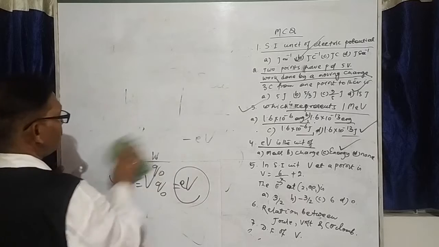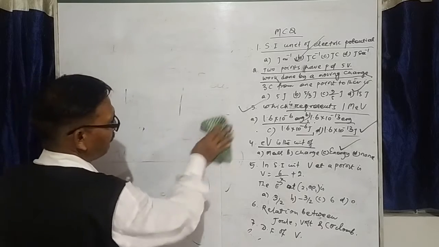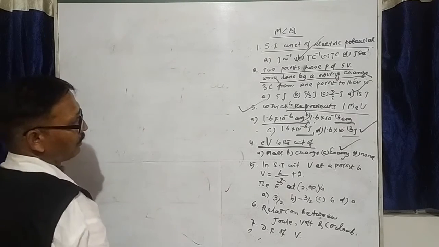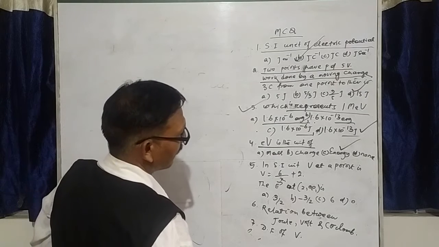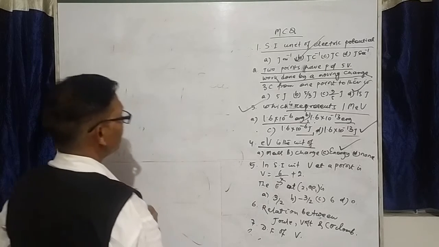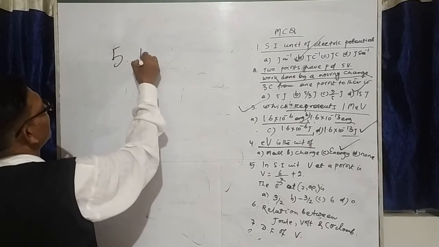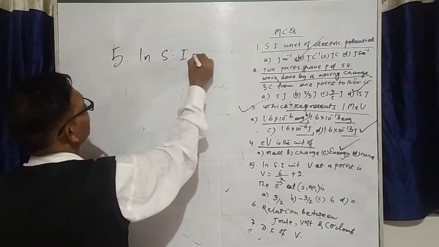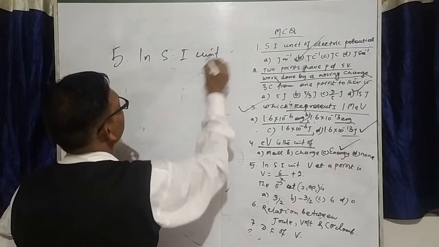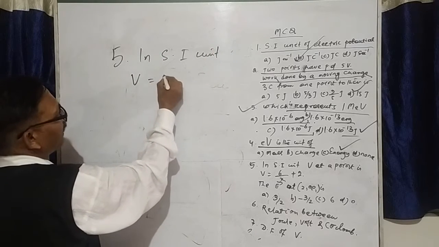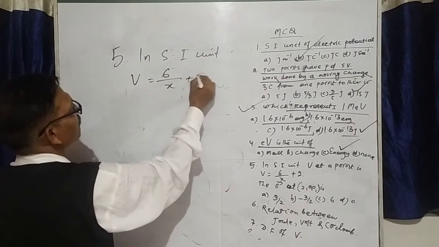Next, number 5. In SI unit, the potential V at a point is given by 6 by x plus 2.